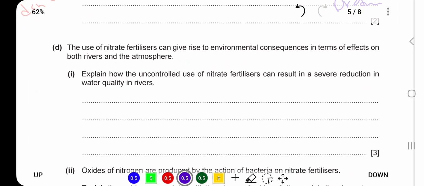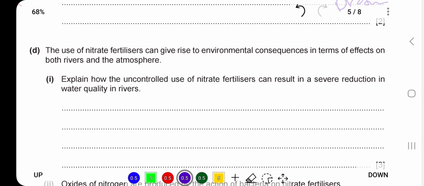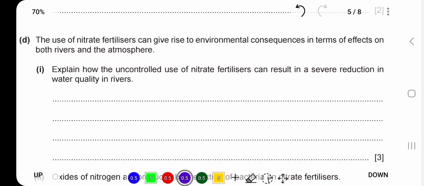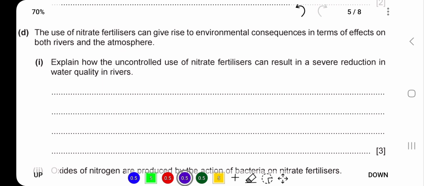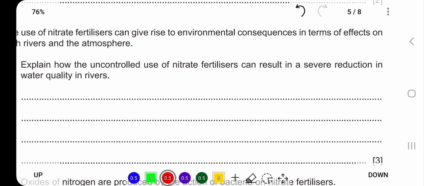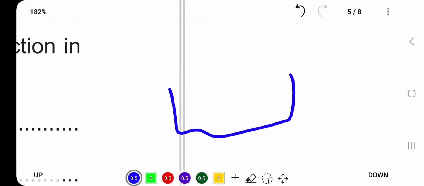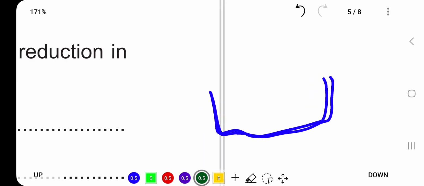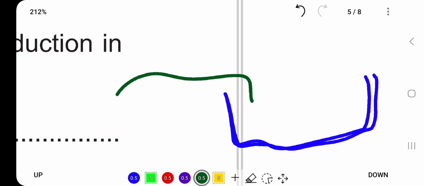The use of nitrate fertilizers can give rise to environmental consequences. Explain how the uncontrolled use of nitrate fertilizers can result in a severe reduction in the water quality in rivers. So how it works, just a quick sketch. You have here the water, right? If there was an excess of fertilizers going into the water, that's the first point: nitrate fertilizers wash into rivers.